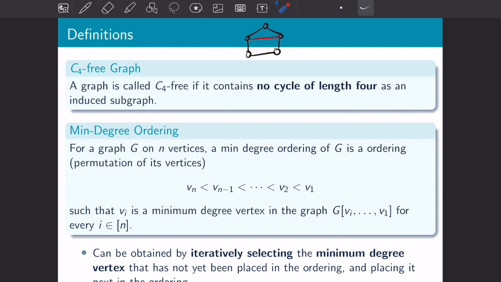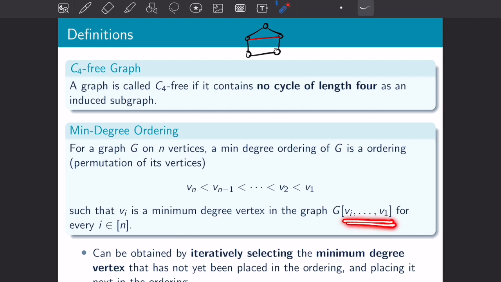The next definition is what is the min degree ordering of a graph. For a graph on n vertices, the min degree ordering is a permutation of the vertices of the graph, Vn to V1, such that any vertex Vi is the minimum degree vertex in the graph induced by the vertices Vi to V1.